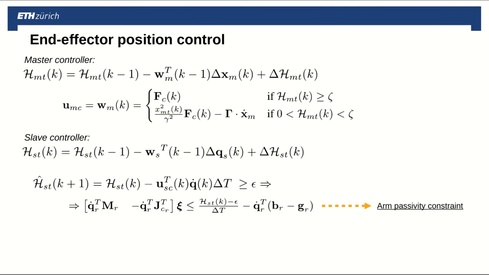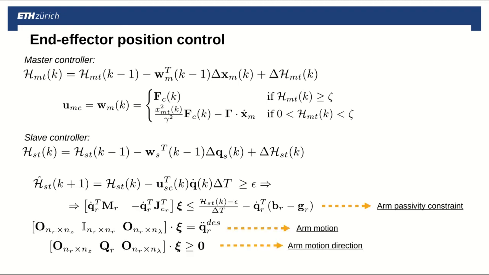We reformulate this inequality in QP notation, and we add two other constraints, an equality and an inequality, one for the motion of the arm and another one to preserve the motion direction. We don't want the passivity to act on the desired motion direction.